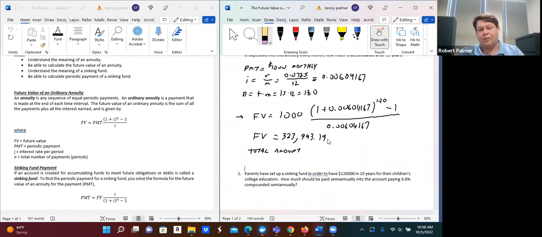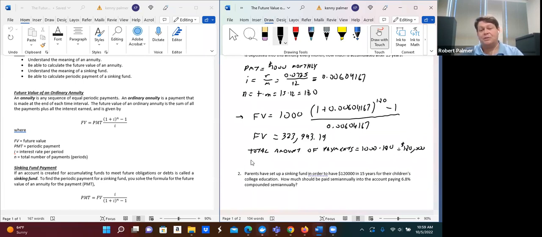You know it's going to be $1,000 times 180, since we have a total of 180 payments to make, and of course that's just going to be $180,000. So you can see the total amount is much more than that.